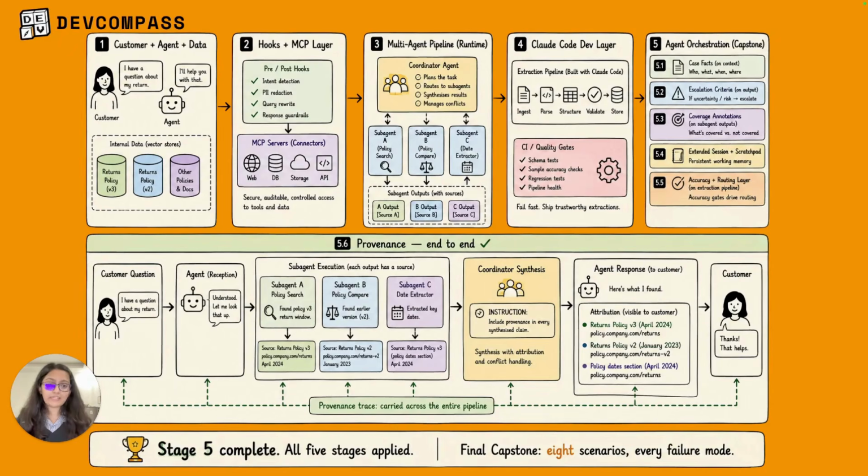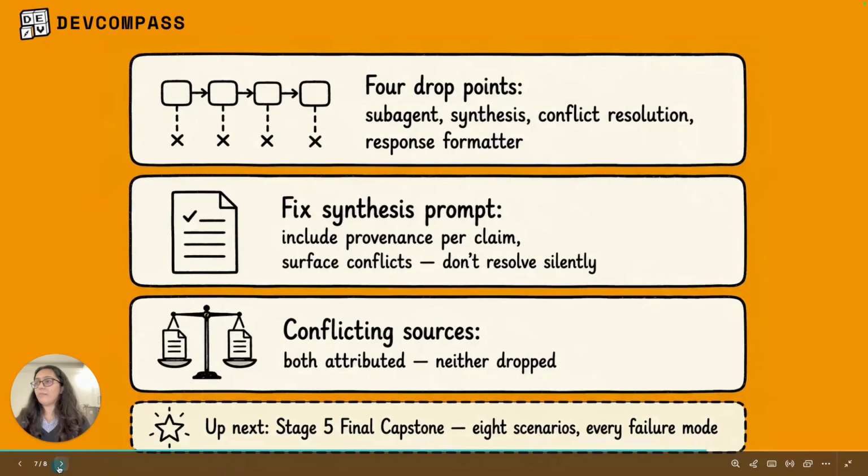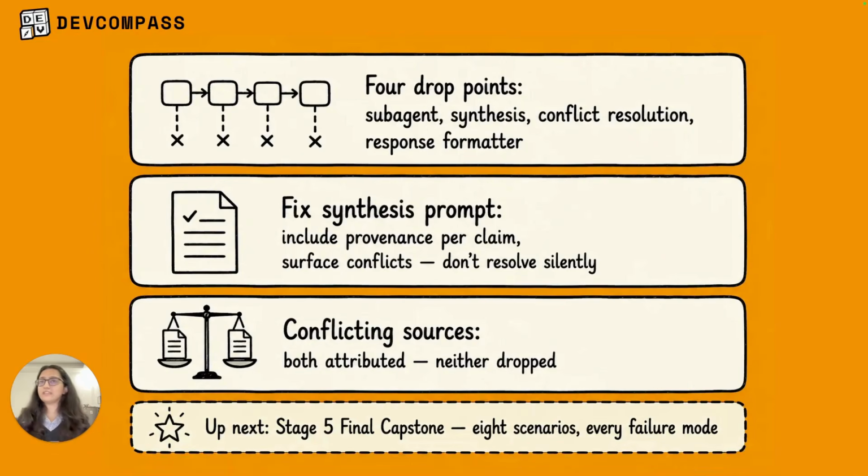It started as a single agent with 2 tools at the end of stage 1, and look at what it is now. So this video was all about the drop points: sub-agent synthesis, conflict resolution, response formatter.